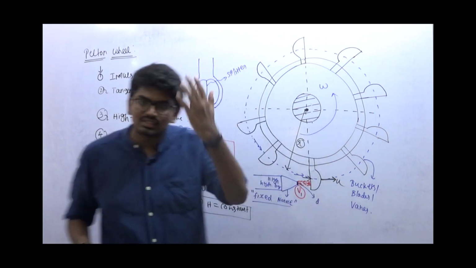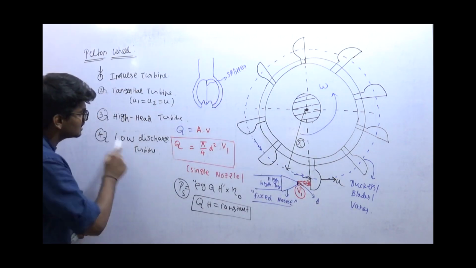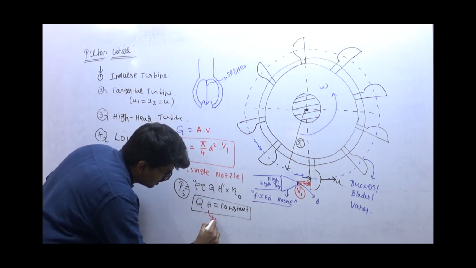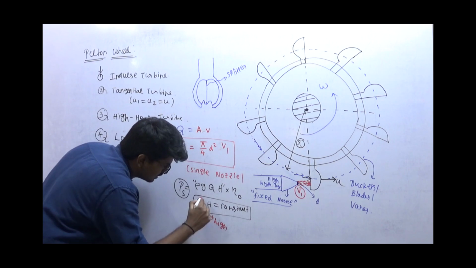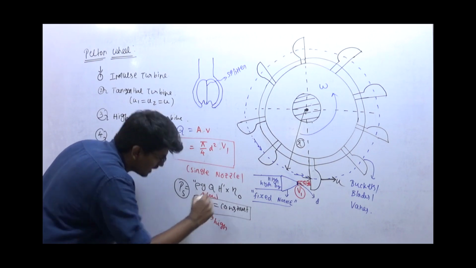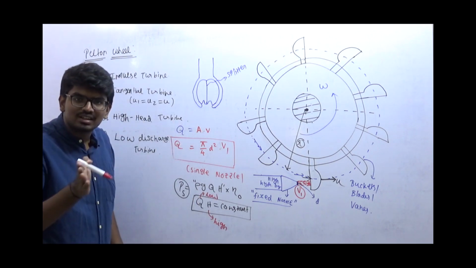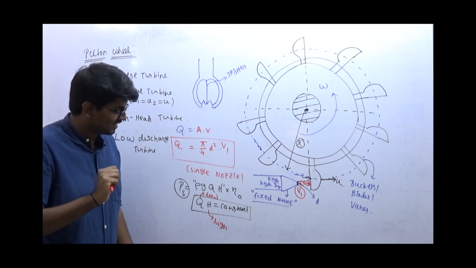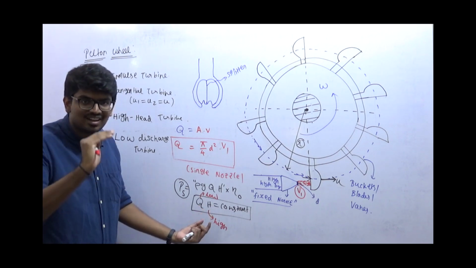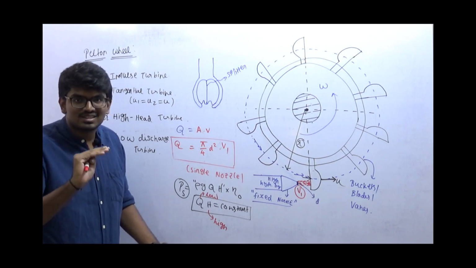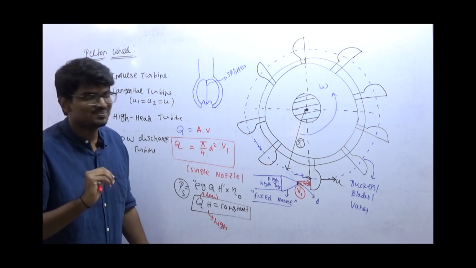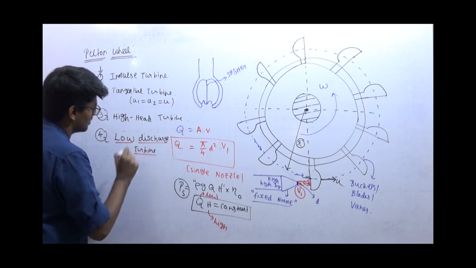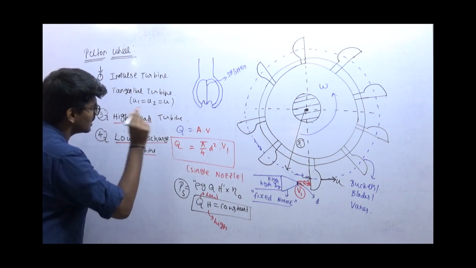If the available head is high, then discharge has to be low. Why? The product is constant, right? Discharge into available head is constant. If head is high, then discharge has to be low. So it is a low discharge turbine, high head turbine.